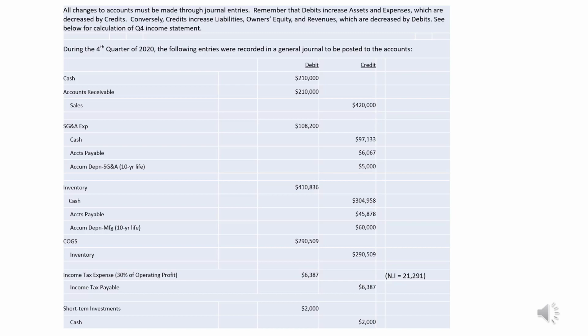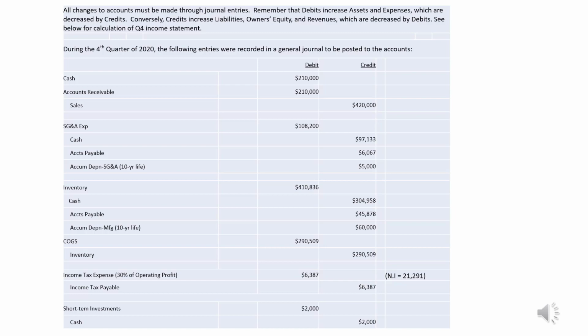That said, I ended up selling $290,509 during the quarter, and so that ended up being my cost of goods sold. And you can see the reduction of the inventory being posted on the credit side of the general ledger.